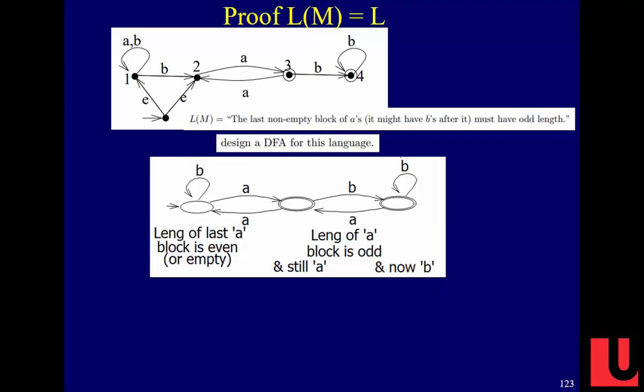Okay, so the last block should be a block of A. And then this last state says that we have B's, but if you look at the previous block of A's, it's odd length. Right? Everybody see our 3 different meanings here? And now, you get the meanings?